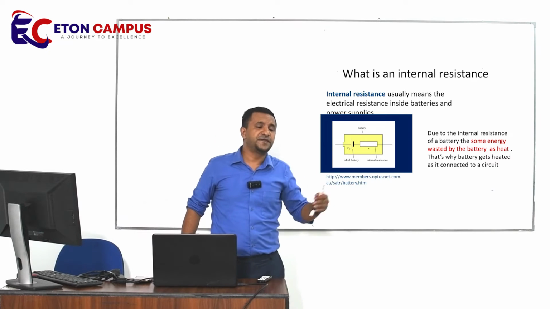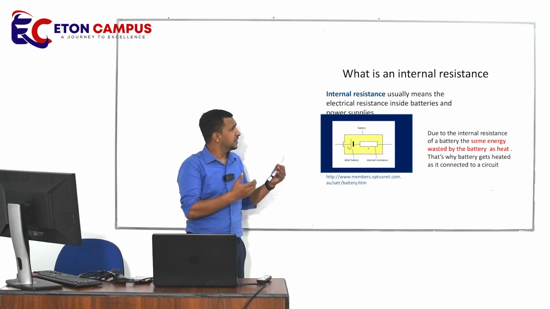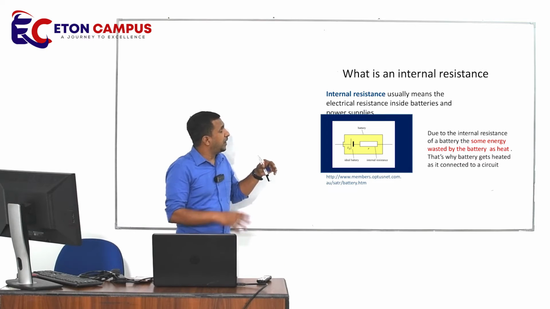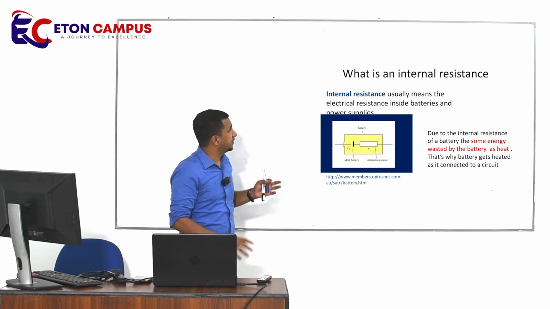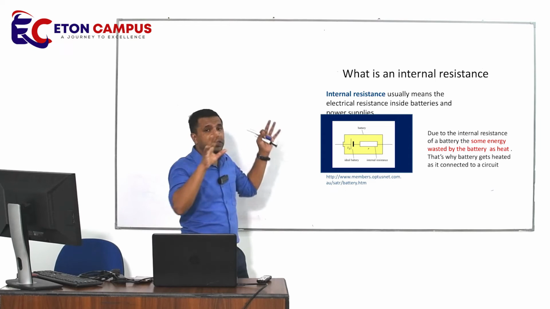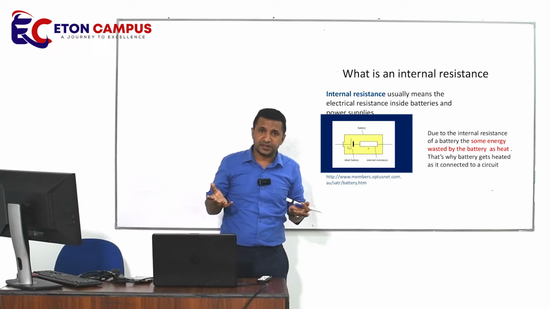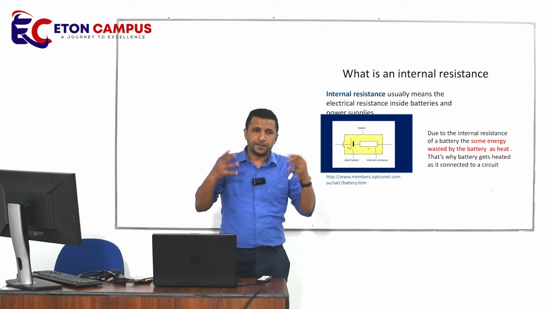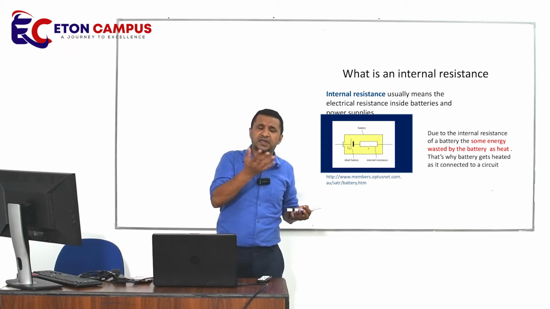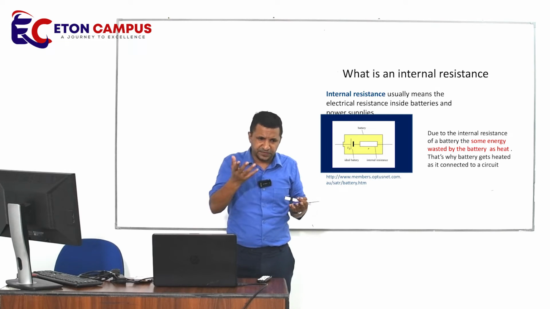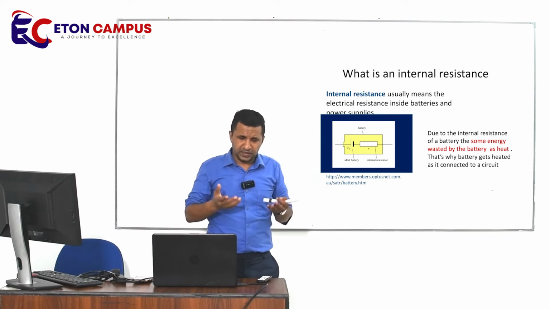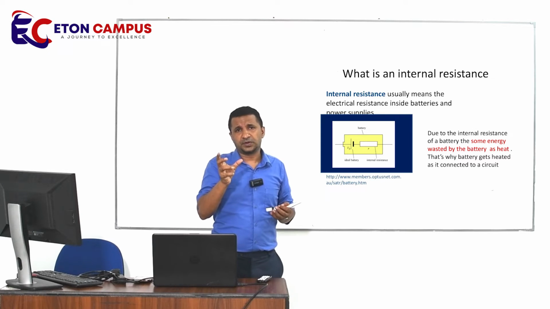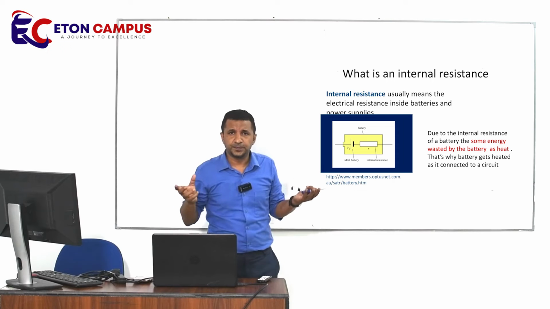Let us go a little further with the topic. Once we have the internal resistance, the voltage provided by the battery to the external circuit is less than what is mentioned on it. For example, you get a battery like a Panasonic or an everyday battery, normally an AAA or AA battery with 1.5 volts.